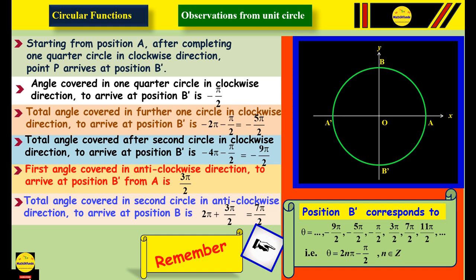So 2n pi minus pi by 2 would be the angle corresponding to position B dash. This is what it is in mathematical form. So this is how we have found the angles corresponding to all positions A, B, A dash and B dash.